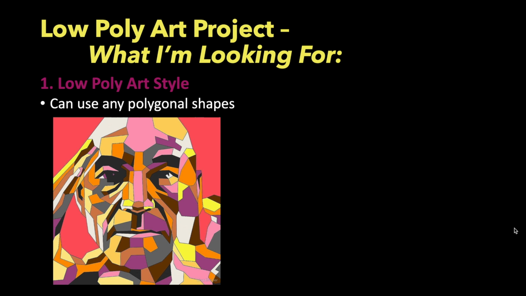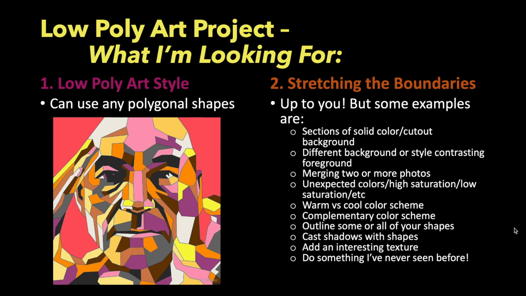You can also push the boundaries on that as well, because your next requirement is that you stretch the boundaries of your project. So go outside of the norm. This can look like a lot of things. It's totally up to you, but some examples are making sections of the background solid color, or cutting out sections of the background, using a different background style or a different background completely to contrast the foreground, merging two or more photos.